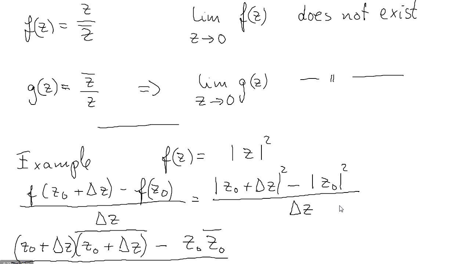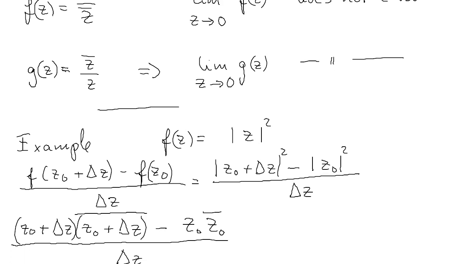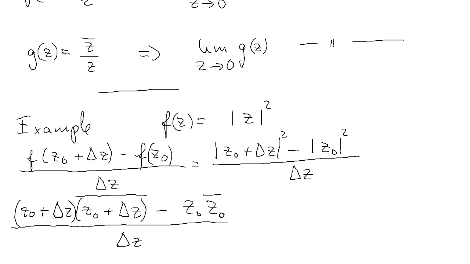And now recall the following: the square of the absolute value of a complex number is always equal to the complex number multiplied with the conjugate of this number. We have shown you this before. So why don't we replace this? This is a trick actually, but we replace this by this expression.